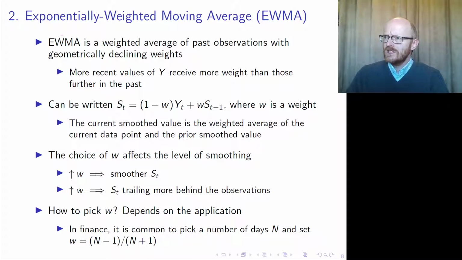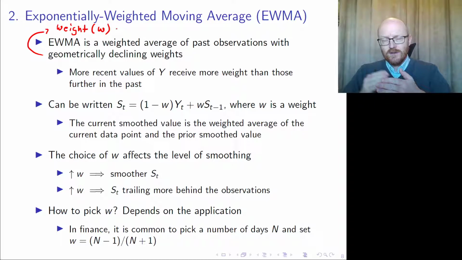Well, geometrically declining weights means that the weight is multiplied, so the weights of the last observations are not equal.